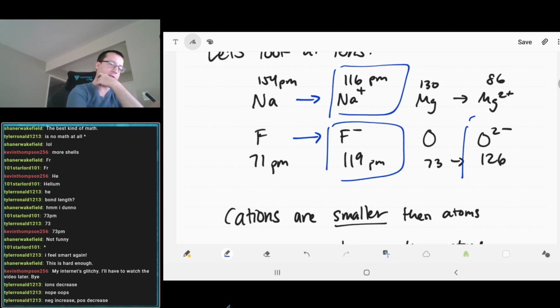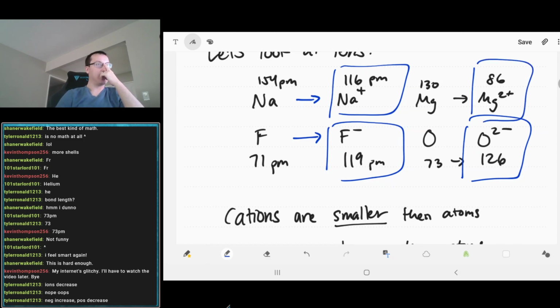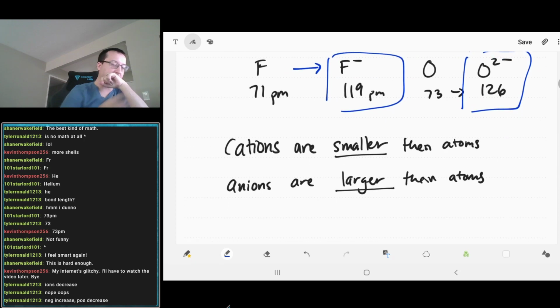Actually, all of these have something in common. But let's not get ahead of ourselves. Let's just think about why the cations are getting smaller. Why would a cation be smaller?